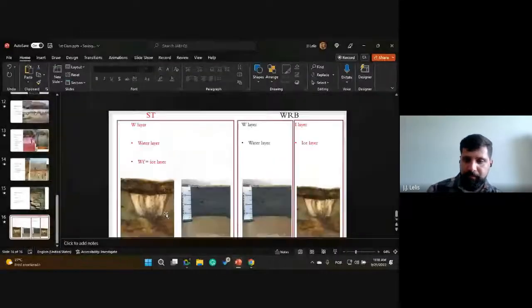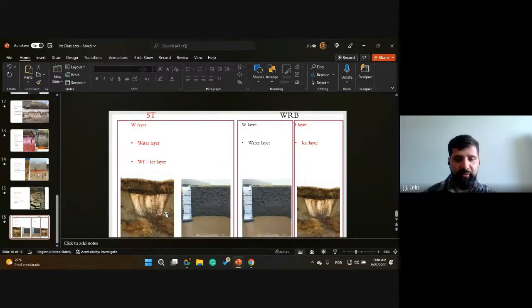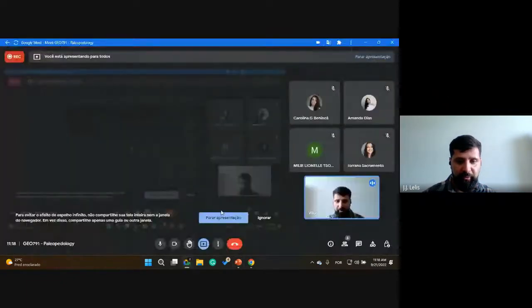So now we finish the basic concepts for the study of paleosols. Today, I think that's a good point to stop, because in the second class we'll start to describe how the soil formation factors change the soil, which properties we can identify according to the interaction of each soil formation factor, and how these factors change through time.